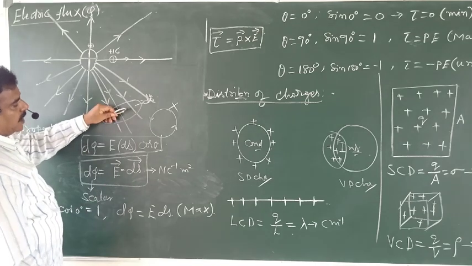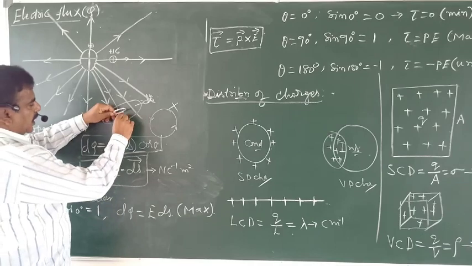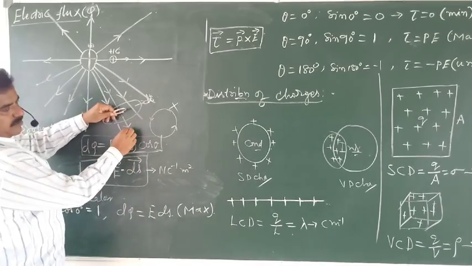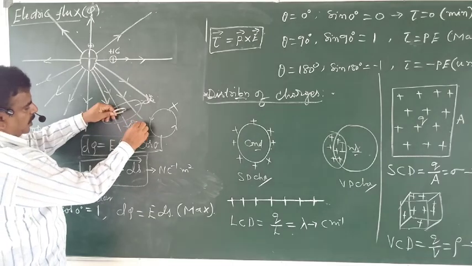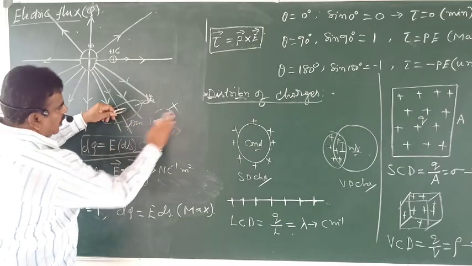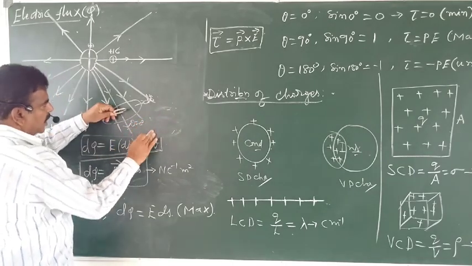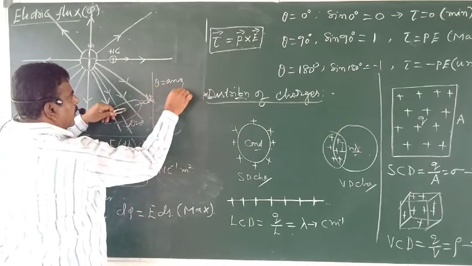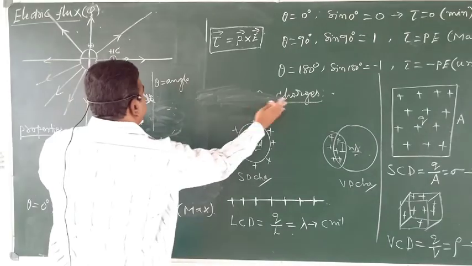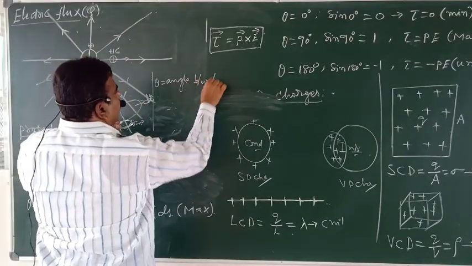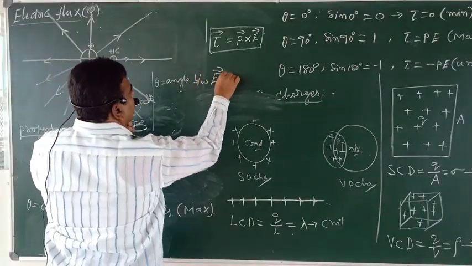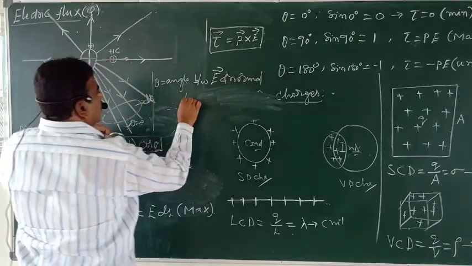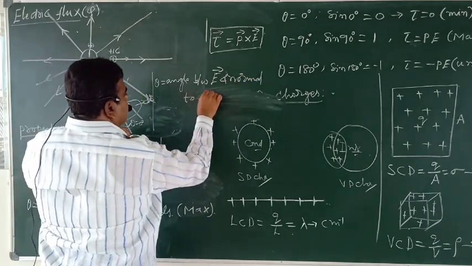Theta is the angle between the electric field E and the normal to dS.